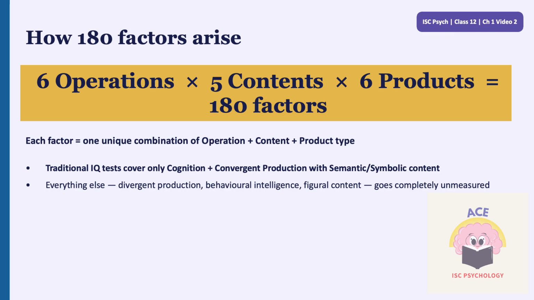Traditional intelligence tests, Guilford argued, are measures of only a slice of this space, primarily cognition and convergent production with semantic and symbolic content. Everything else, including divergent production, behavioral intelligence, figural content, and transformations, gets ignored. A person could be highly intelligent in these unmeasured areas, and their ability would be completely invisible to a standard IQ test.